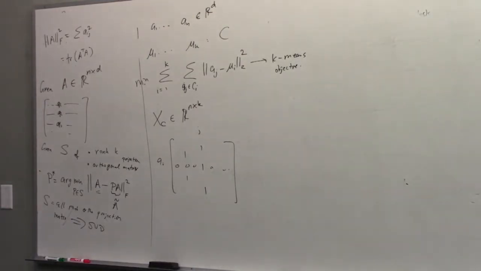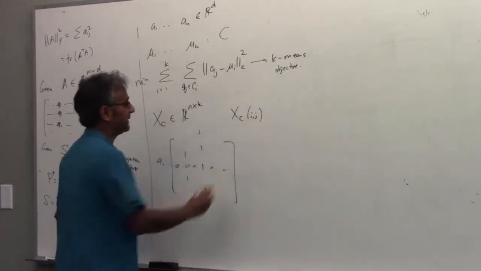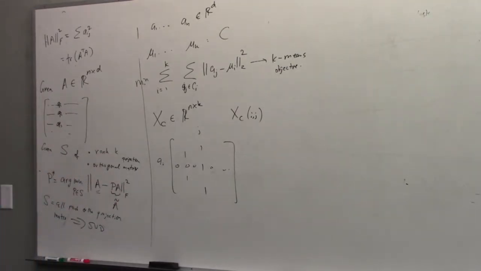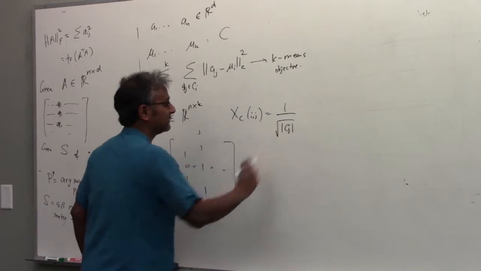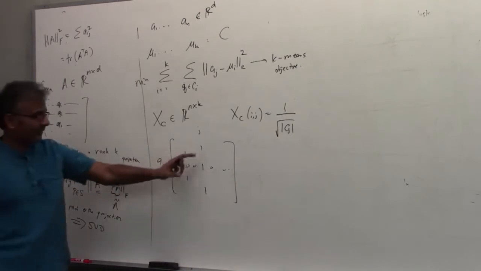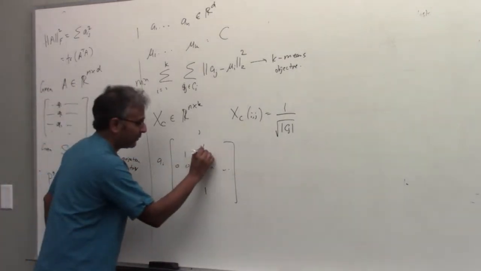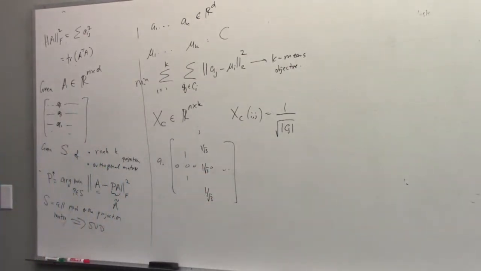I'll change this a little bit: XC_ij is not a 1 if a_i belongs to C_j. It's actually going to be proportional to the size, 1 over the square root of the size of C_j. This is for normalization purposes. So if this cluster had 3 points in it, then each of these values is going to be 1 over square root 3. I'm doing this because I'm now going to ask you what this quantity is.